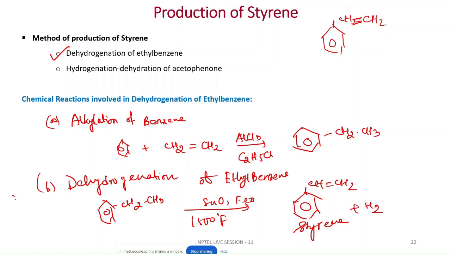This method is endothermic, with a delta H of 28.1 kilocalories. So this is an endothermic process.